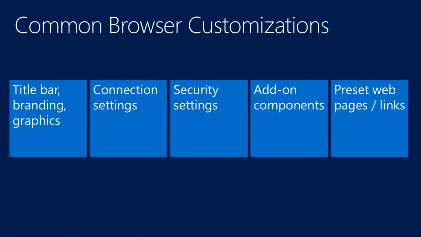So some of this can be very, very useful. You can also customize the browser to add ActiveX components or other third-party components. You can add your favorites. You can add help links, and so on and so forth. And I'll walk through this in some detail during the demo. By the way, I have very few slides, but we're going to spend a lot of time in the demo. So hopefully that's OK with you guys.